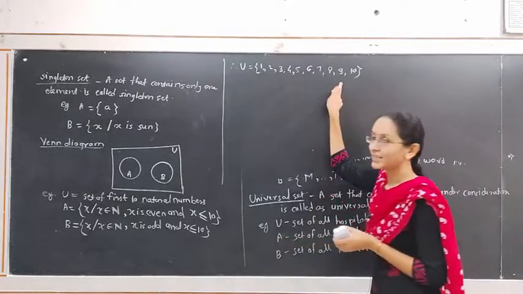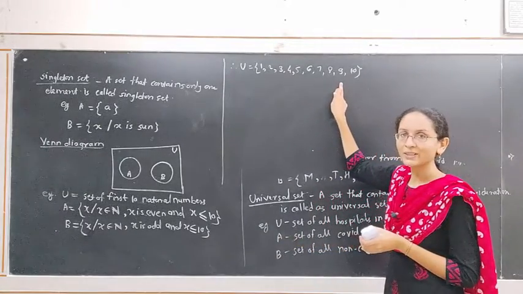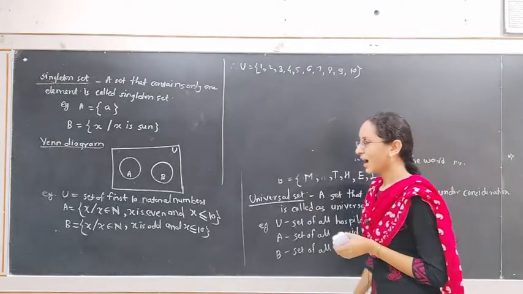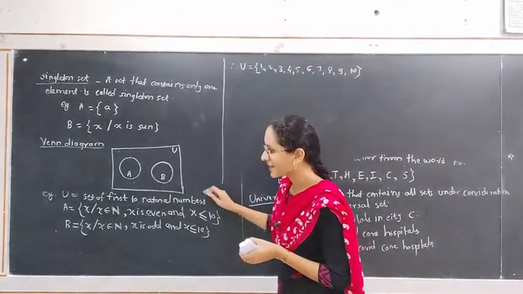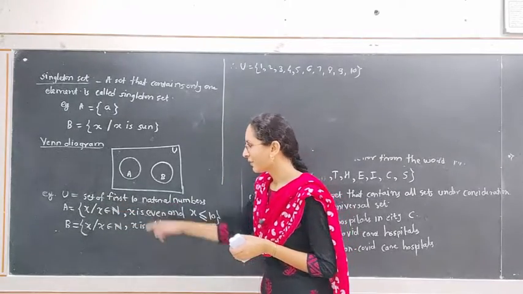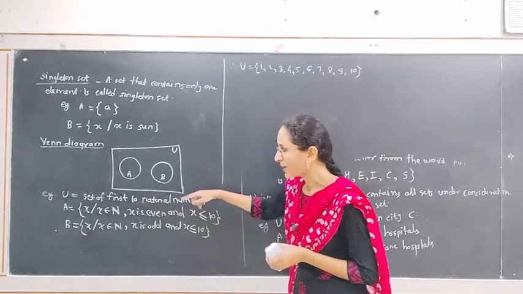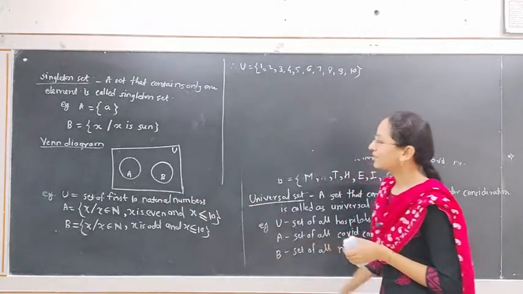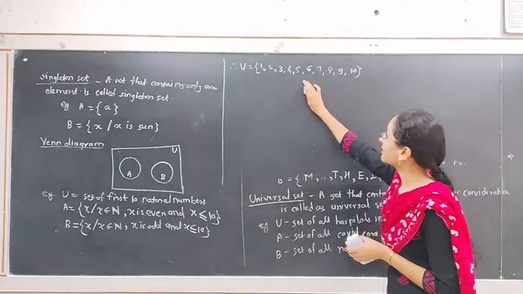This method of writing the set is called the listed method because we are listing the elements of the set U. And here we have written the set in the form of some object where some property or condition on that object is mentioned. This is another method; this is the listed method.